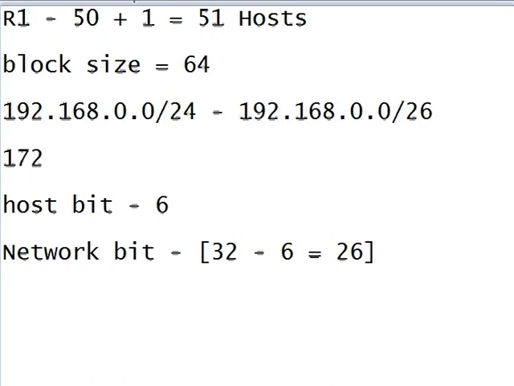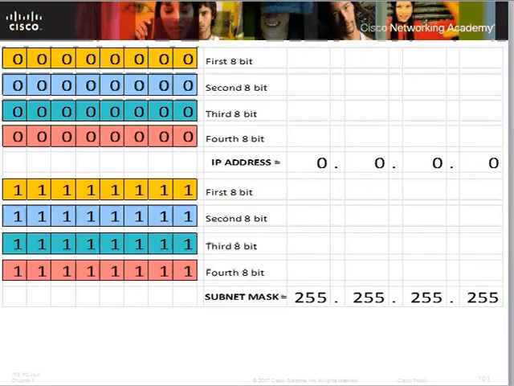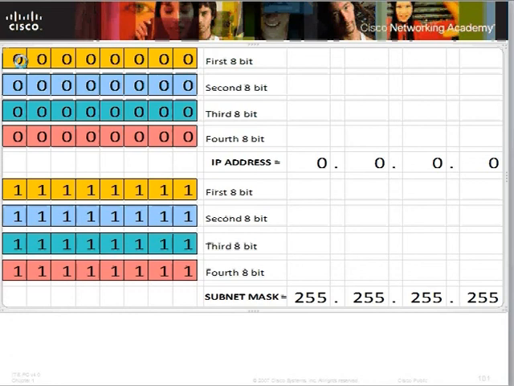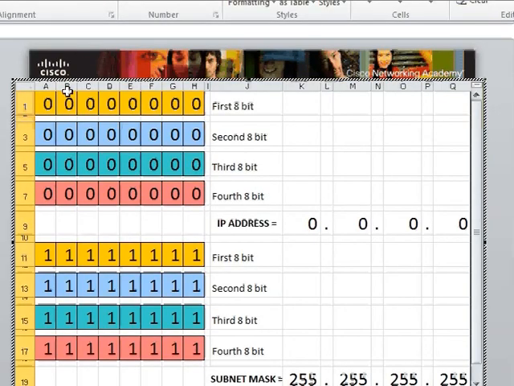To do this calculation, let me go to a calculator and do the same. So this is my calculator. Here I am taking all this bitwise calculation.